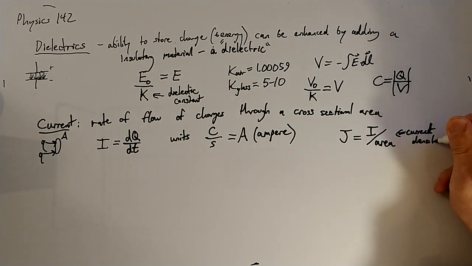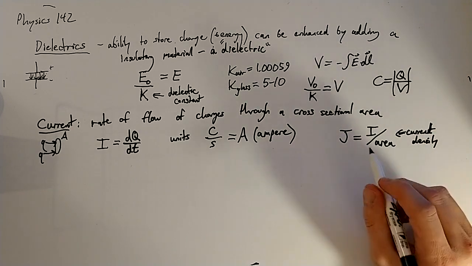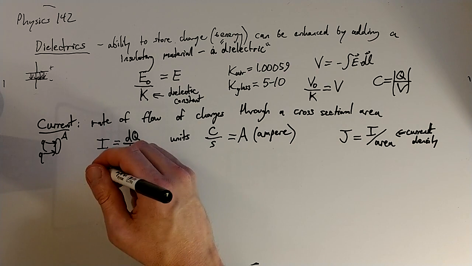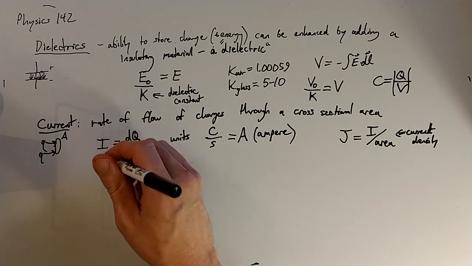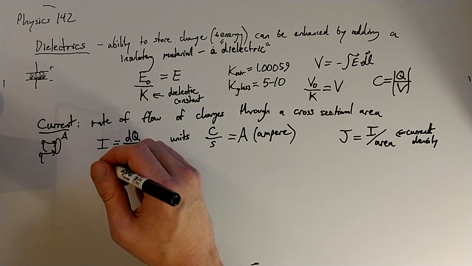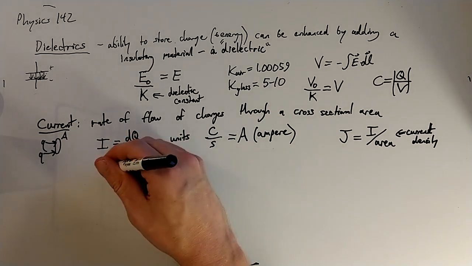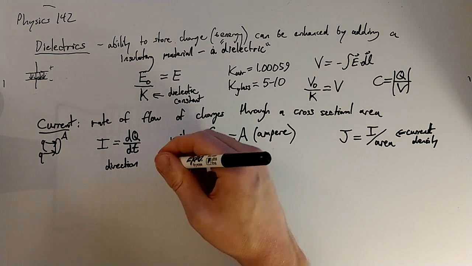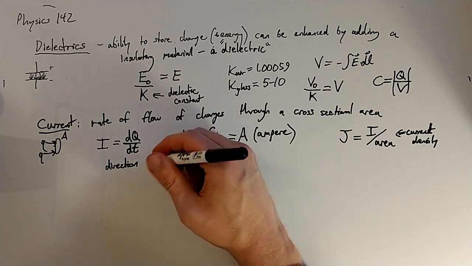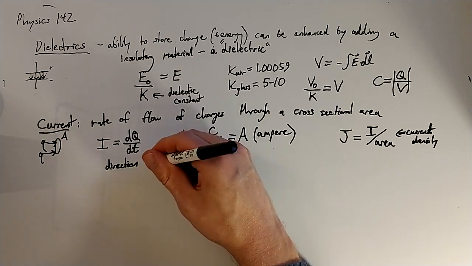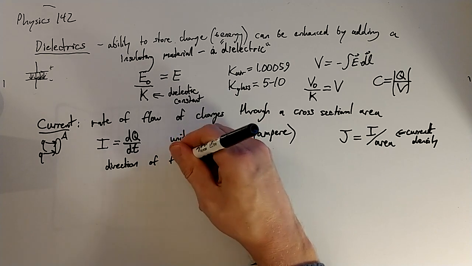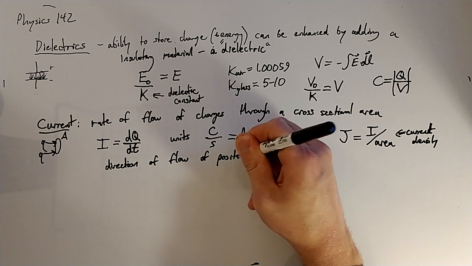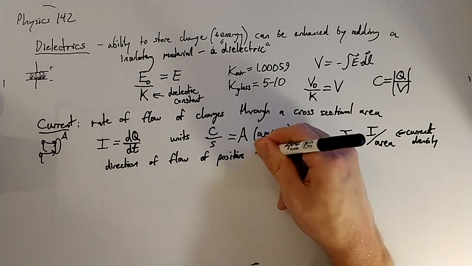All right, and so this is the current density. The last comment that I should make here is about the direction. As a matter of definition in a circuit, we always define the direction of current to be the direction of flow of positive charges.